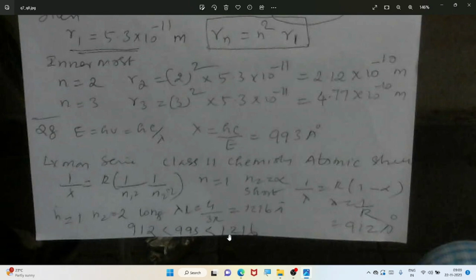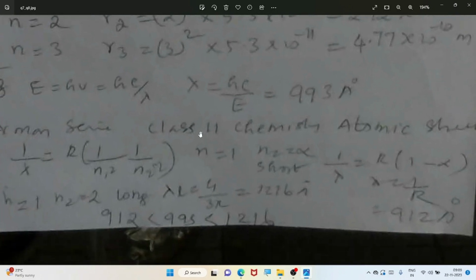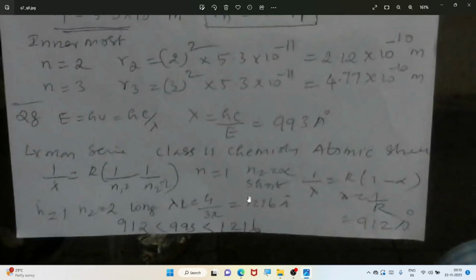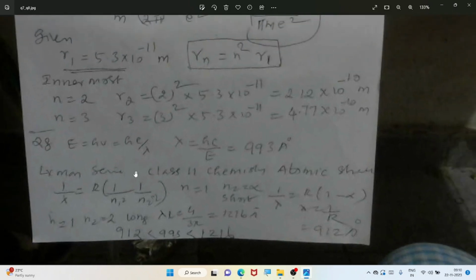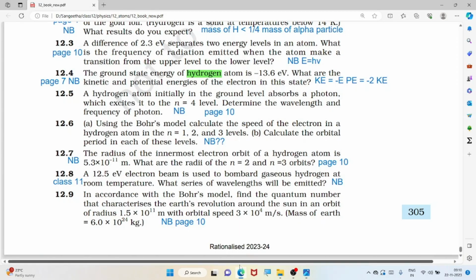So this is in Angstrom unit. Then this wavelength lies in between the shorter and the longer. This lies in the region of the Lyman series. Okay, that is given in the class 11 chemistry book.